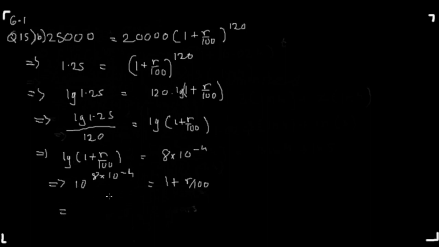So what we can do is move everything here. So we can do 10 to the power of 8 times 10 to the minus 4. This is very freaky, but just ignore it, you can do it in the calculator. Then you multiply both sides by 100, and then subtract 1 because we're going to get rid of this.